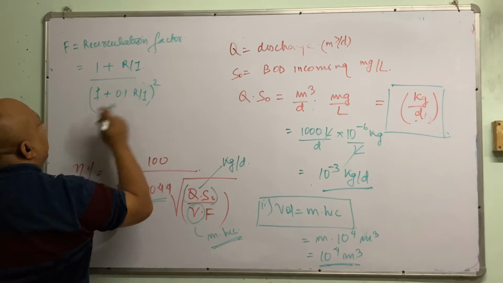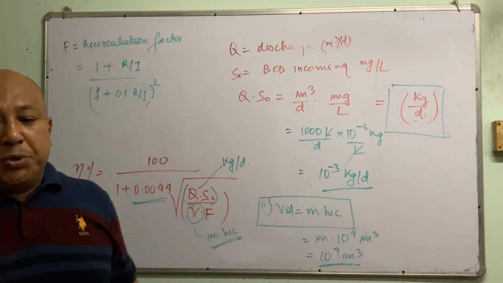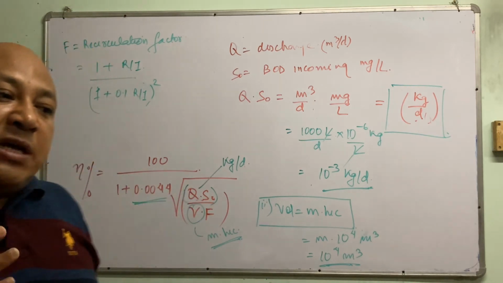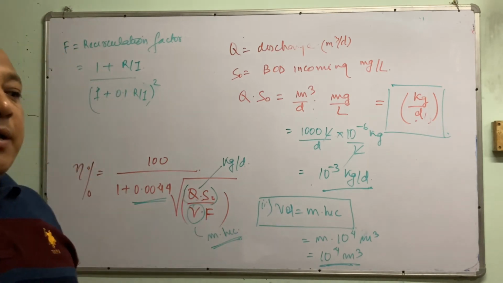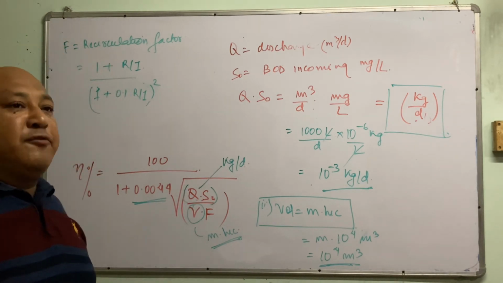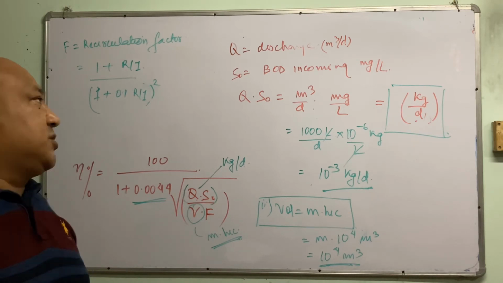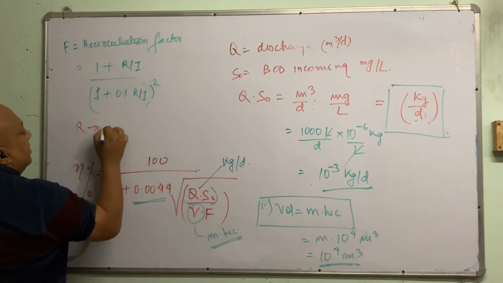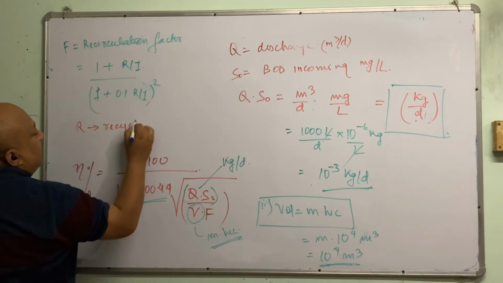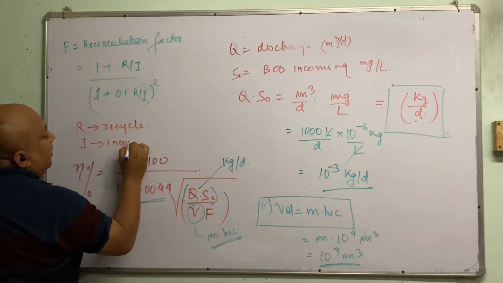Now let me explain this part. What it says is sometimes the trickling filter performance is not very good. So what we do is some of the wastewater is recycled back again to treat it again. It is just like some students have to appear for an exam twice, while some students have to appear only once. Similarly, this R is the recycled part, and I is the incoming part.